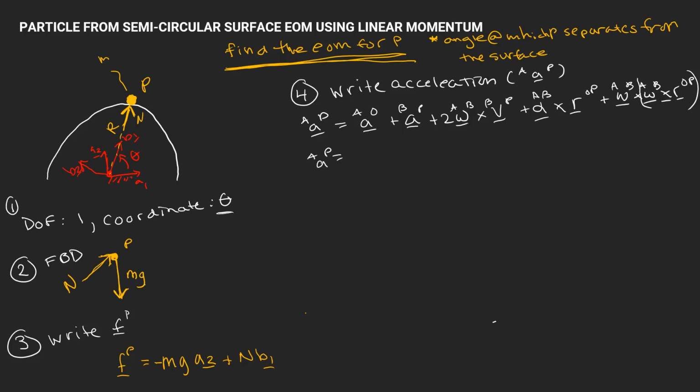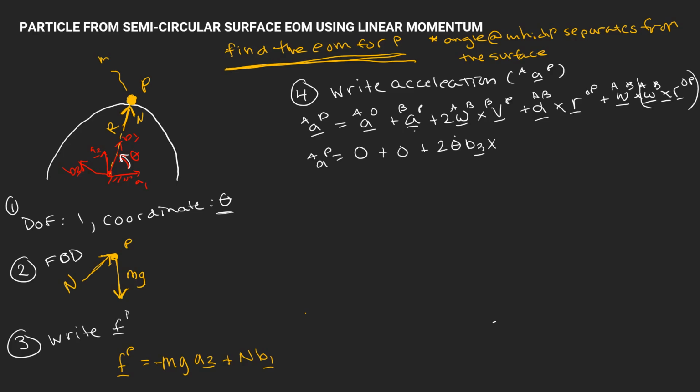So the acceleration of O in frame A is 0. The acceleration of point P in frame B is also 0. And here we have our 2 times theta dot B3. It's positive because theta is moving in that direction.